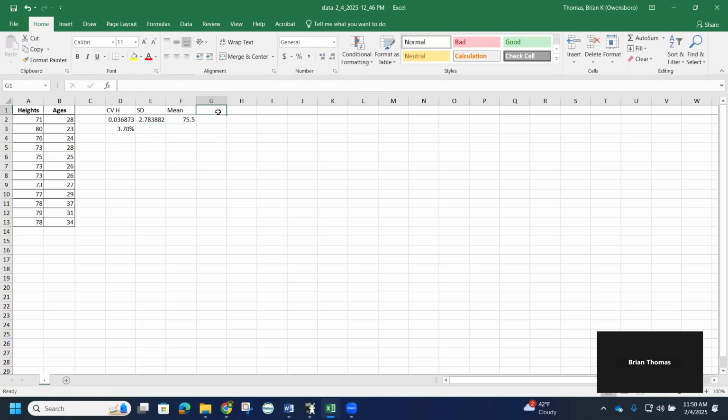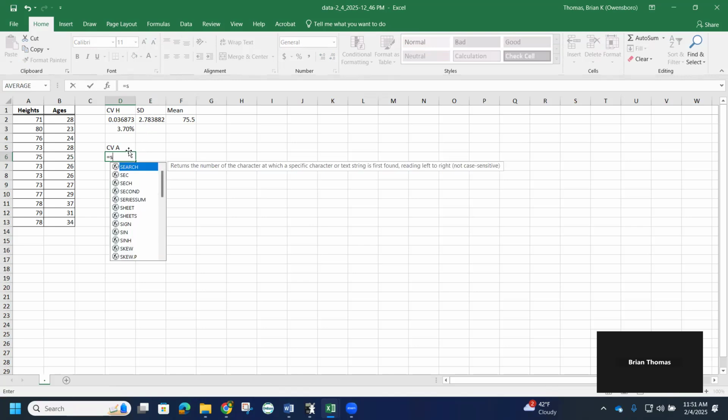So then if I want to do the coefficient of variation for the ages, again, I can do this all in one spot if I want. So instead of doing the standard deviation and mean separately, I can just put this all in one formula. So I can hit equals, and then I need the standard deviation.